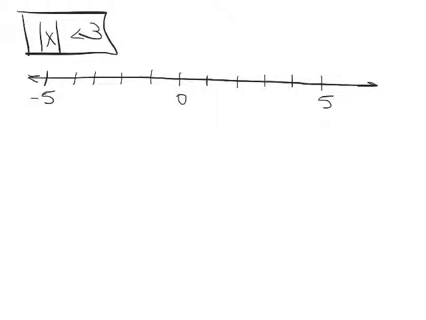So that means that x is going to be a number somewhere between 0 and 3, because it says x is a number no more than 3 away from 0. But it also means that it's no more than 3 away from negative 3. So it also goes in this direction.